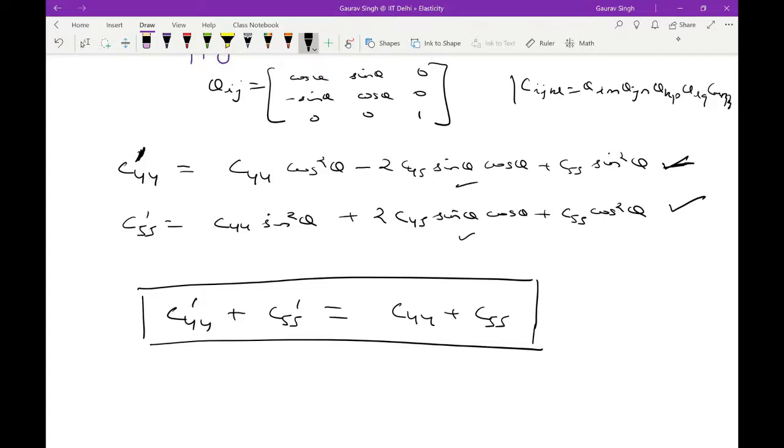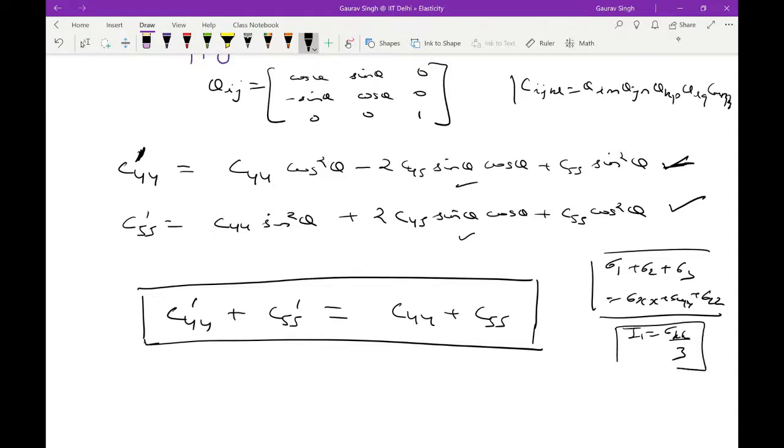We had done that before because we were using symmetry arguments. This is not a symmetry argument. This is saying that the quantity C44 plus C55 will remain invariant under any transformation. Just like for the stress, if you remember, sigma xx plus sigma yy plus sigma zz was invariant. I think the first invariant I1 was equal to sigma kk, divided by 3, I'm not sure.